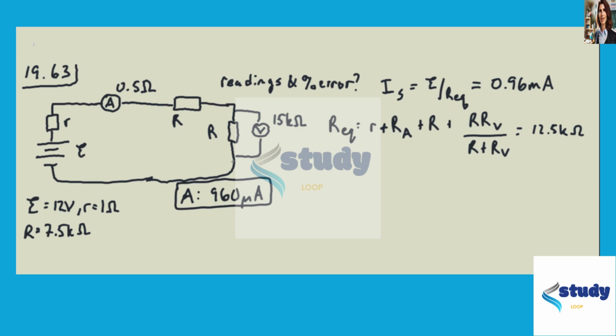And then the voltmeter reading is going to be the voltage produced across the parallel combination of our resistor and the internal resistance of the voltmeter with the source current flowing through it.